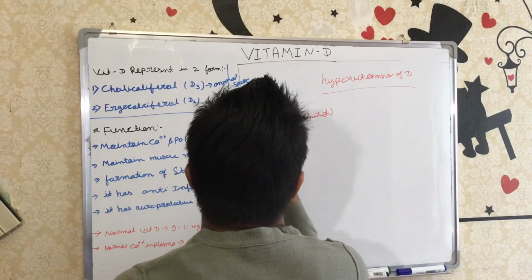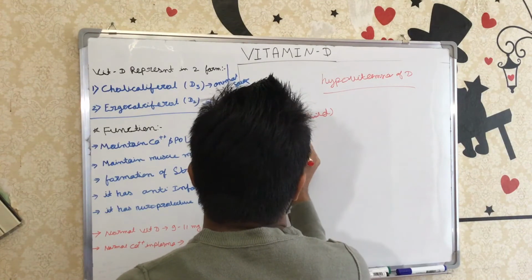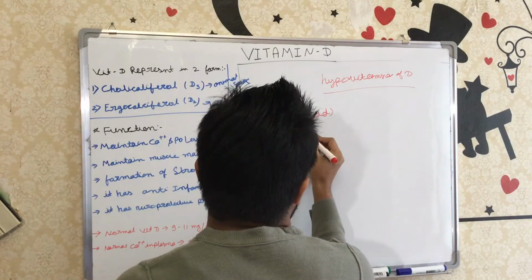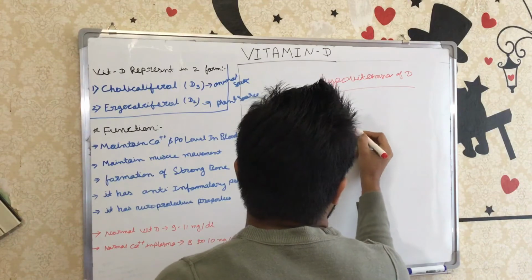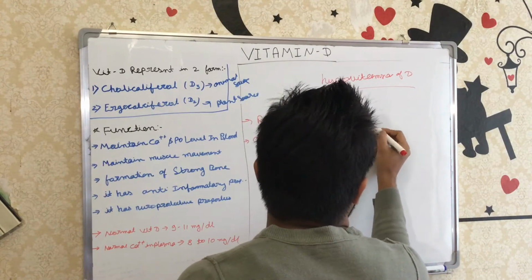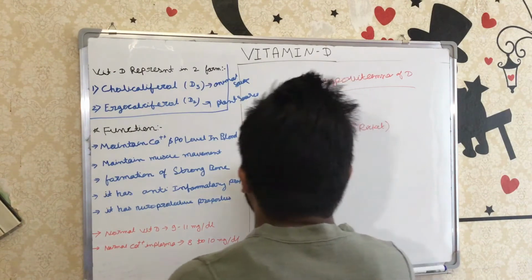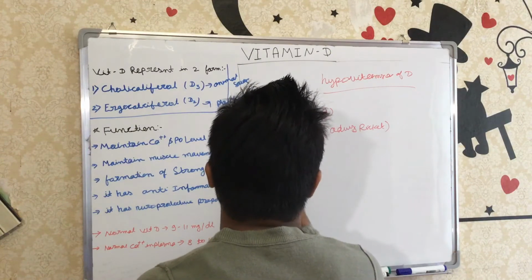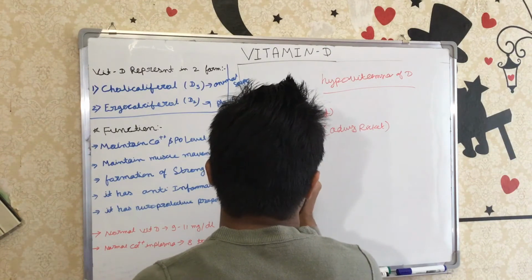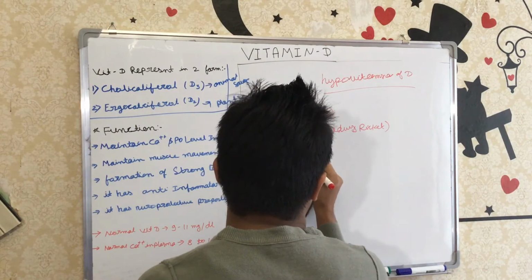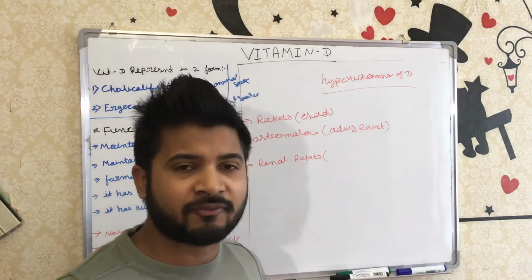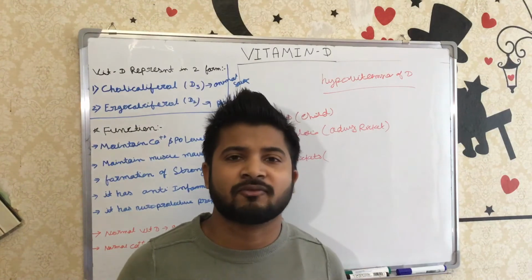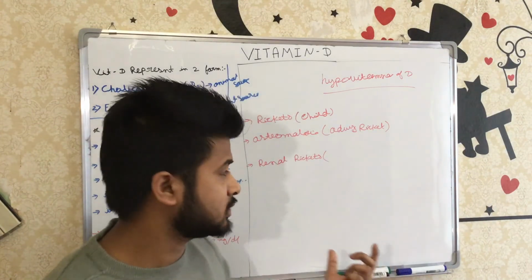Second one, in the adult, is called osteomalacia, or we can say adult rickets. And the third one is renal rickets. Renal rickets means chronic renal failure, whenever both kidneys fail. How does it develop?